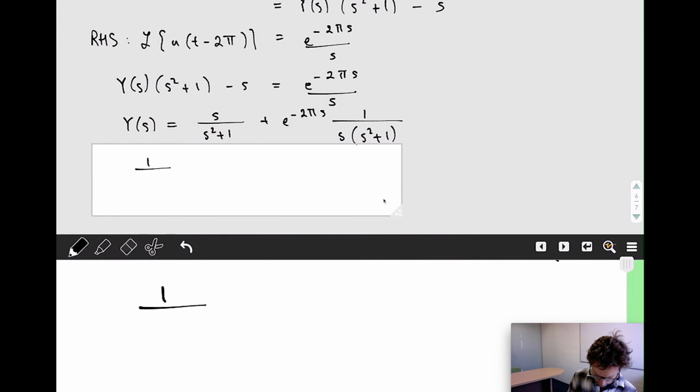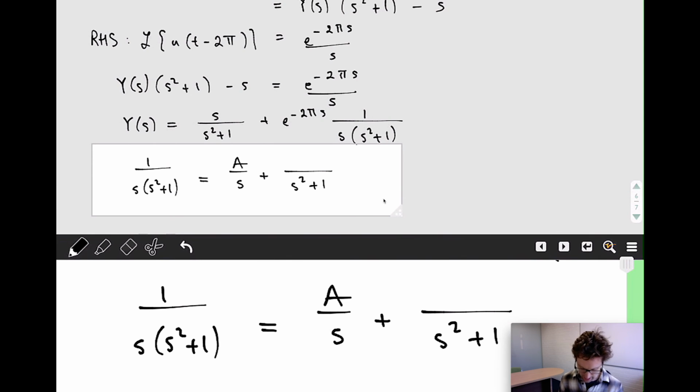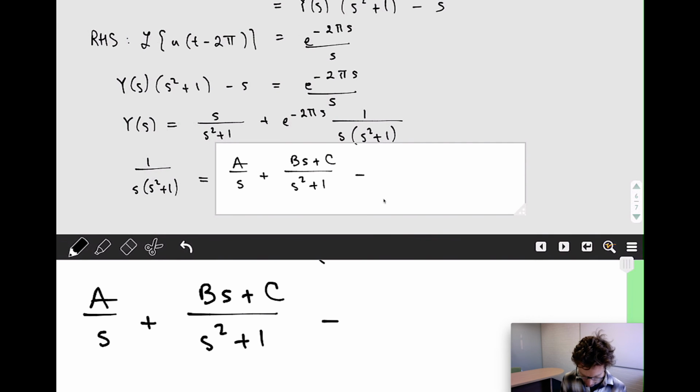So let's look at 1 over s times s squared plus 1 and write that as A over s plus something over s squared plus 1. Now you notice that I've got an s squared plus 1 on the bottom there, which means I have to compensate by having a Bs plus C on the top so that it all balances out.